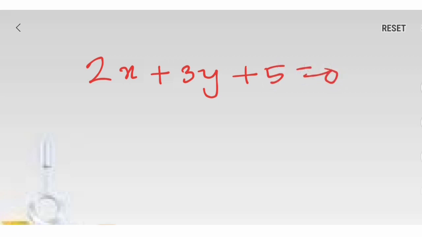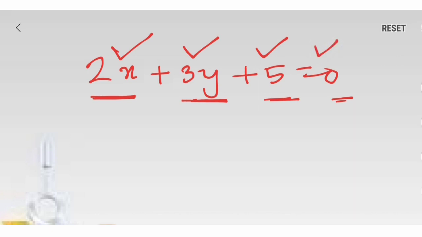This is a linear equation in two variables x and y. It is in standard form also. Standard form means first we should write x term and then y term, then constant term, then equal to 0. This is the method of writing an equation in standard form. First write x term, second write y term, third write constant term, and last equal to 0.